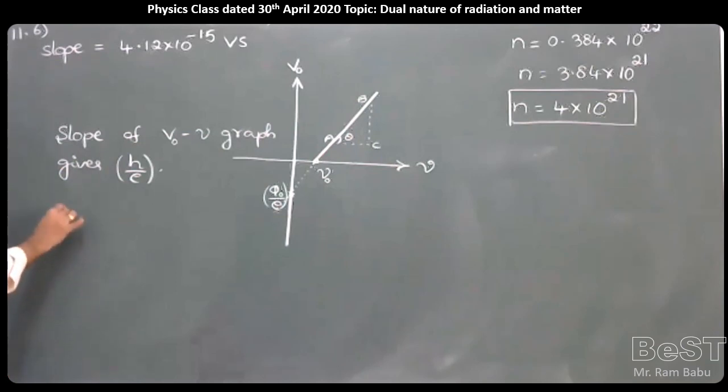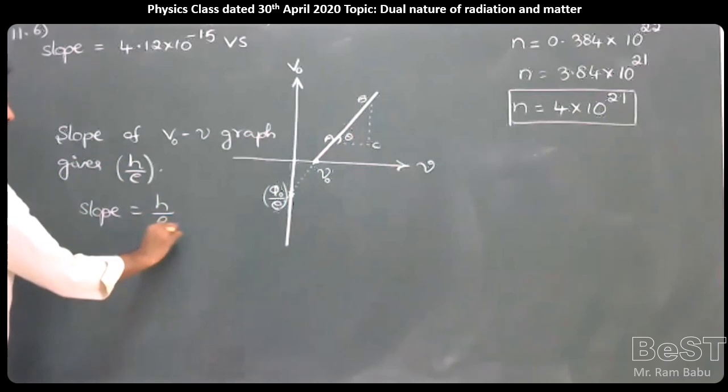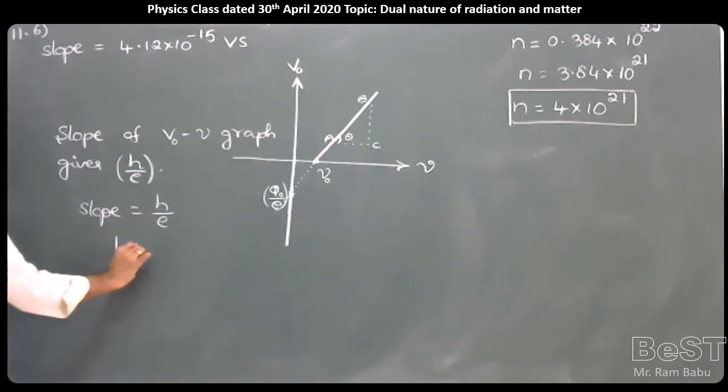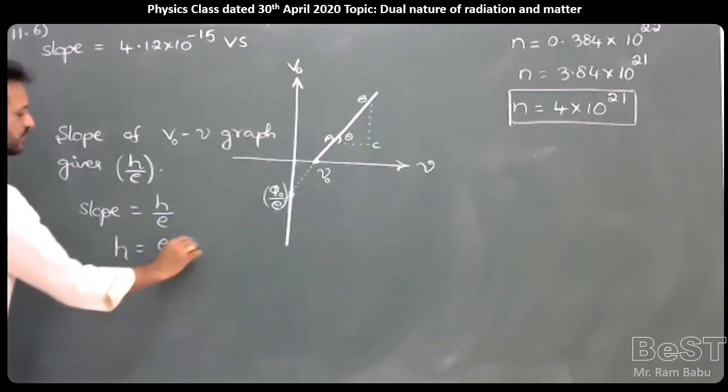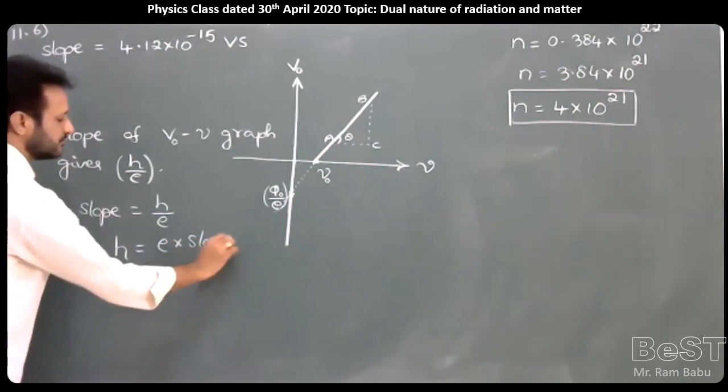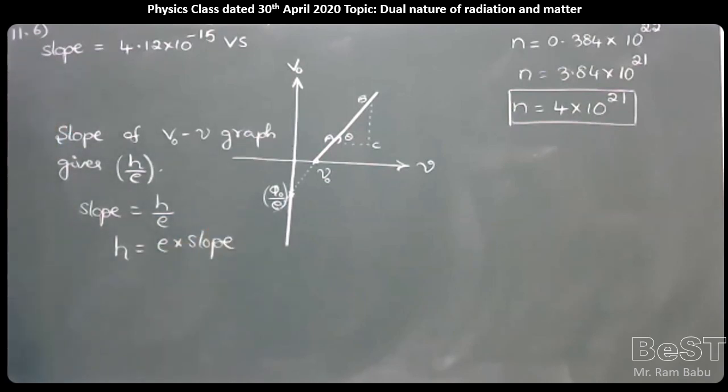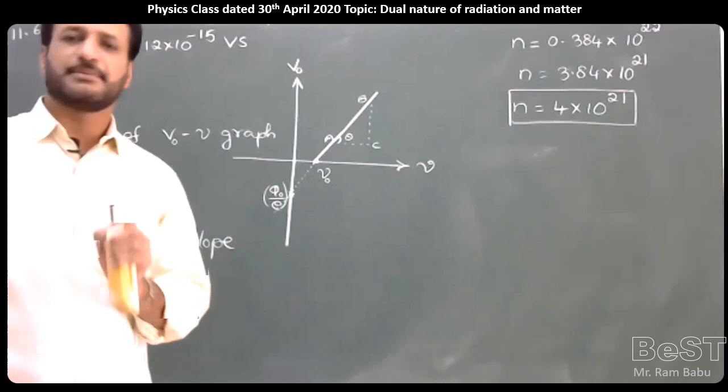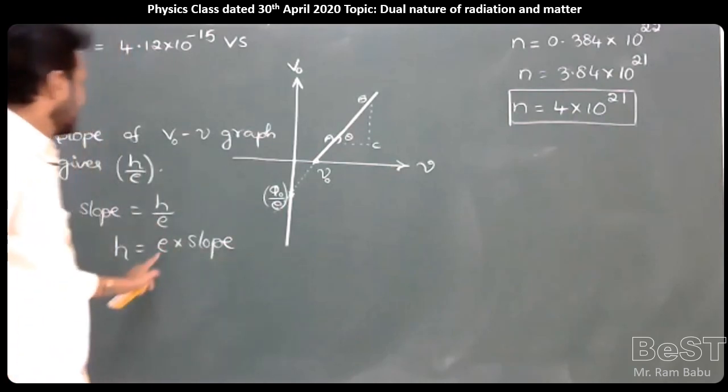Now I will take slope equal to h by e, which implies Planck's constant h is equal to e into slope. They asked in the question to calculate the value of Planck's constant. So h is equal to e into slope.